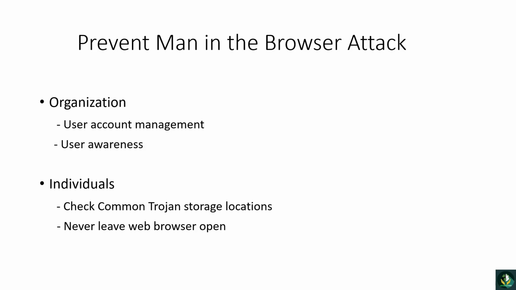First, organization user control and awareness. To minimize the opportunities for a man in the browser attack, organizations should implement strict user account permissions to prevent privilege escalation. This will limit the damage if a man in the browser attack is successful.